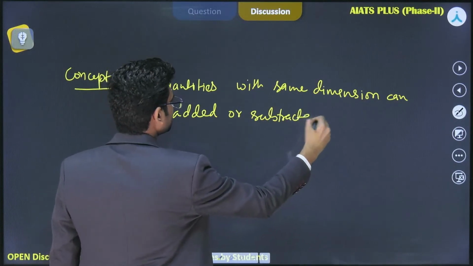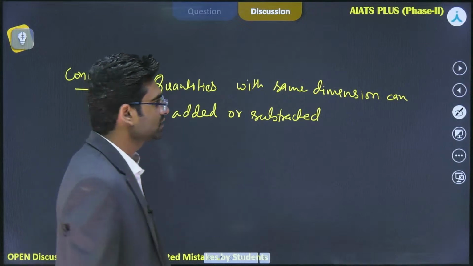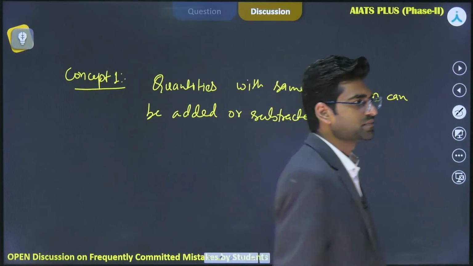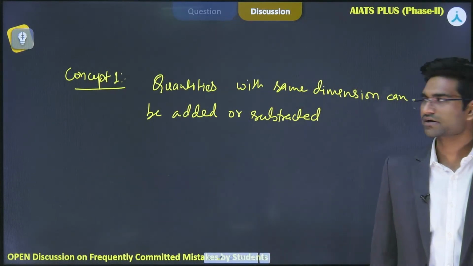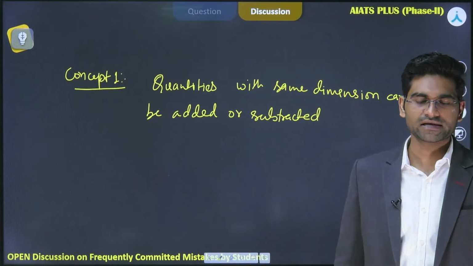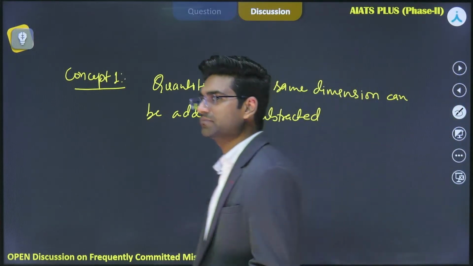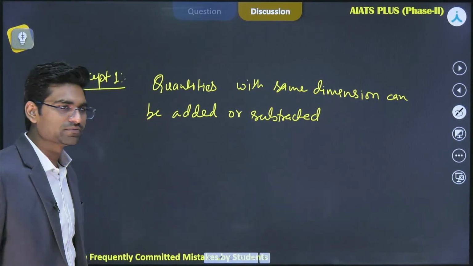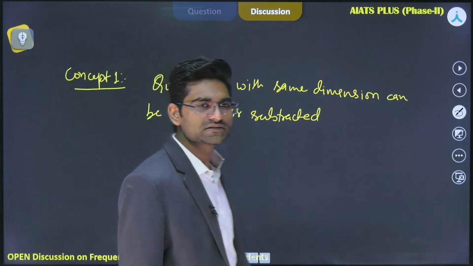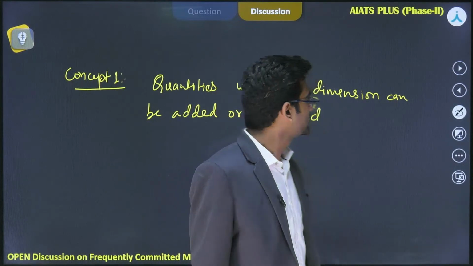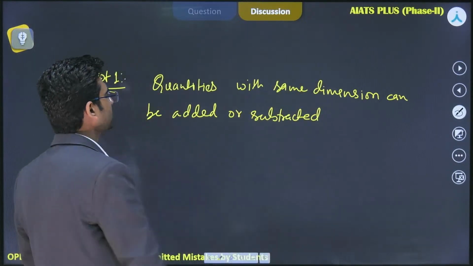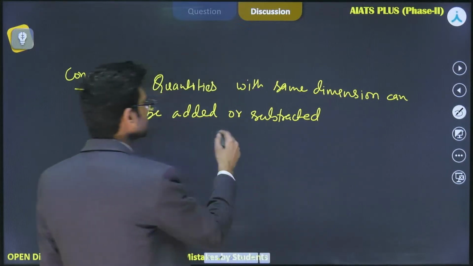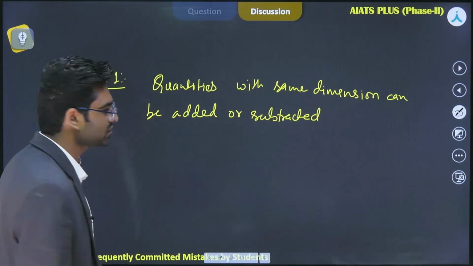Okay, you cannot add two quantities with different dimensions, or you cannot subtract two quantities of different dimensions. Alright, you can multiply and divide them, but you cannot add or subtract them. You cannot add energy with force. Okay, so quantities with the same dimensions can be added or subtracted. This is the first concept.